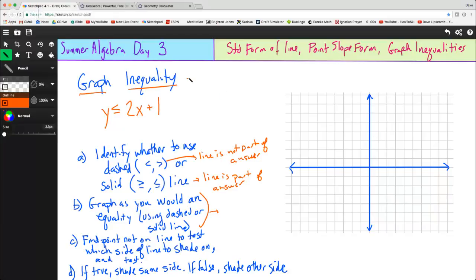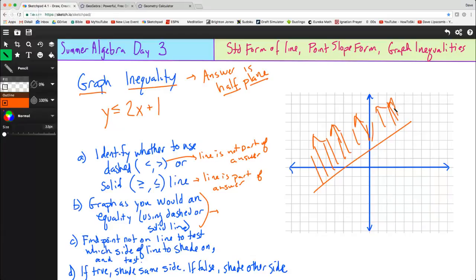Remember, your answer is a half plane. If this was a line, your answer would be everything on one side of the line. That's what you call a half plane. So it would not be anything over here, but everything over there.